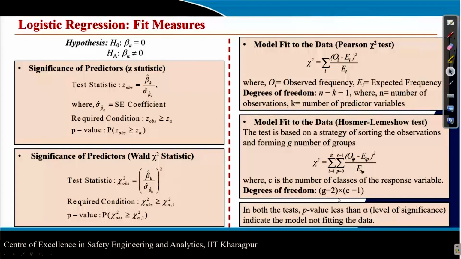The higher the p value, the greater the model fit, but from the individual parameters' point of view, it is the other way around. That means if the probability value here is less than the cutoff significance level alpha, then that particular parameter is significant. Okay.